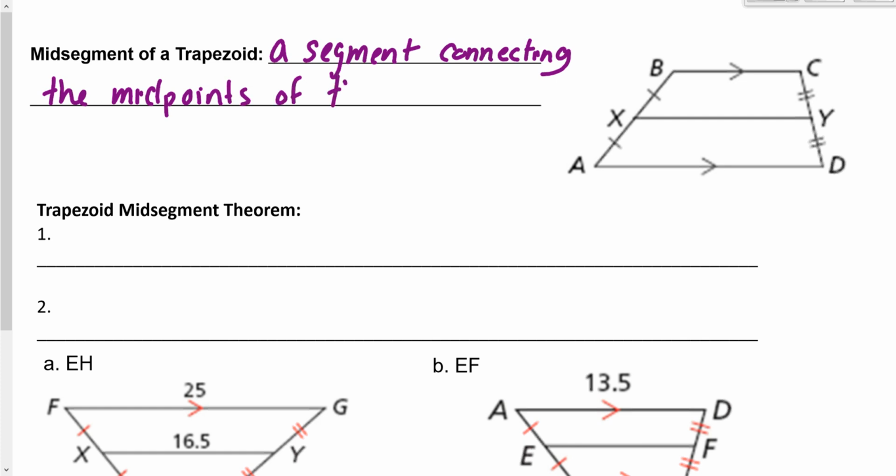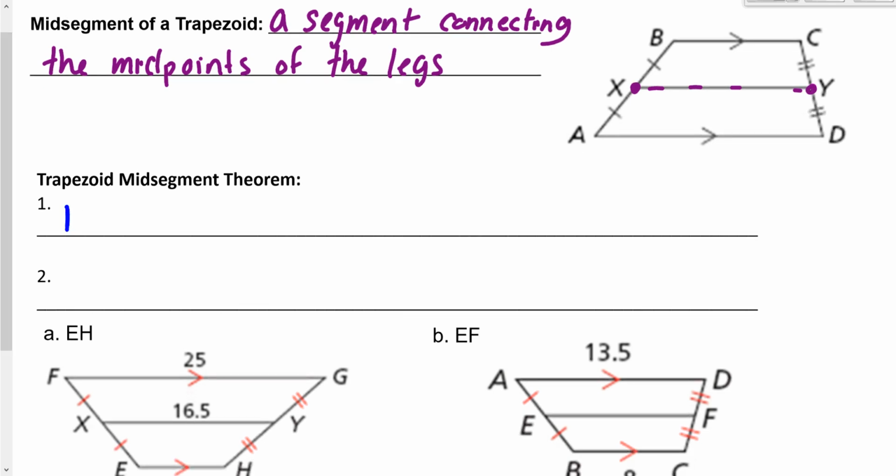of the legs. Now, we had a midsegment of a triangle that connected the midpoints of two sides. Now, if x and y were the midpoints of these two lines, the midsegment would connect them. Now, what is so important about the midsegment theorem? Well, first of all, it says that the midsegment is parallel to both bases.